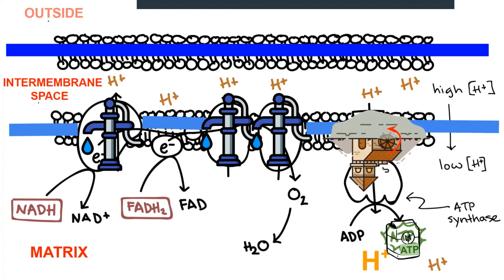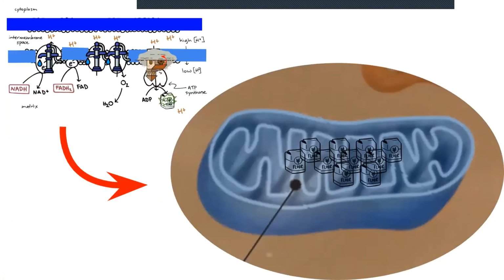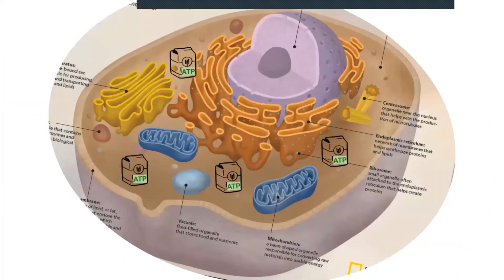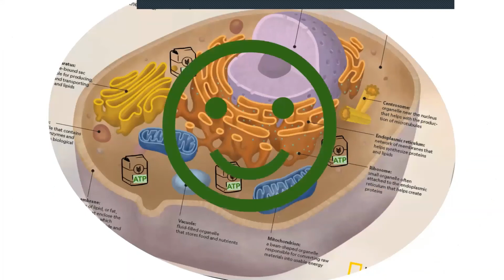And because we have lots of protons being pumped into the intermembrane space, lots of them can flow down through the mill, and we're going to generate lots of ATP. So now we have a ton of ATP in the mitochondria. That mitochondria can then deliver that ATP all over the cell. Our cell has lots of ATP, it has lots of energy, it's happy, and that is the electron transport chain.